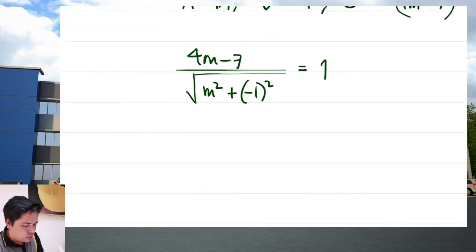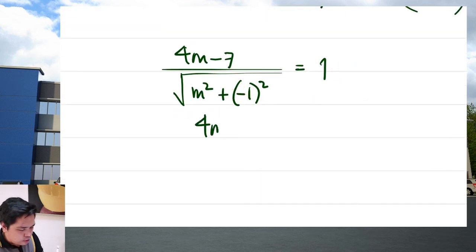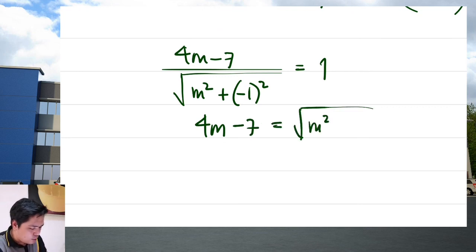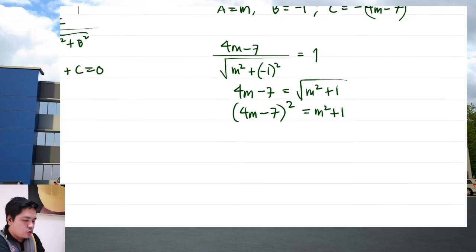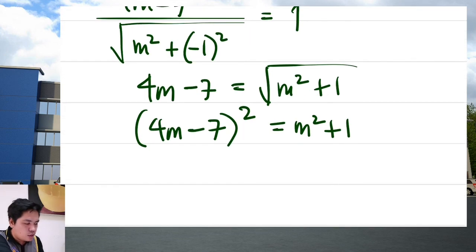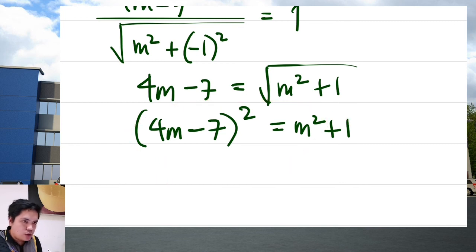That's equal to 1. Transpose this to the other side: 4m minus 7 equals the square root of m squared plus 1. Then square both sides: 4m minus 7 squared equals m squared plus 1. You can simplify this and you'll get a quadratic equation. Then you can use the quadratic formula or completing the square to get the values of m. So we'll be expecting two values of m.